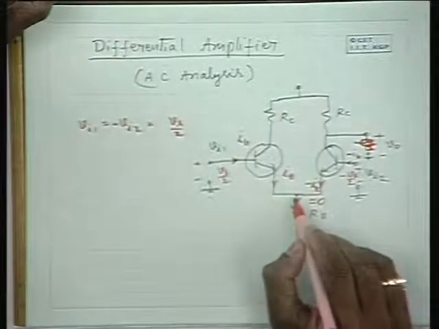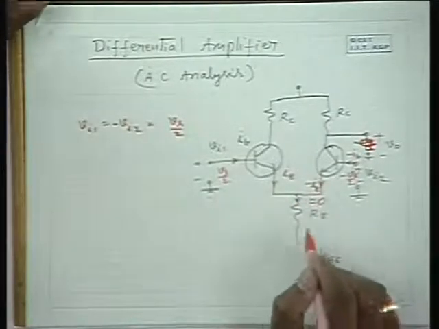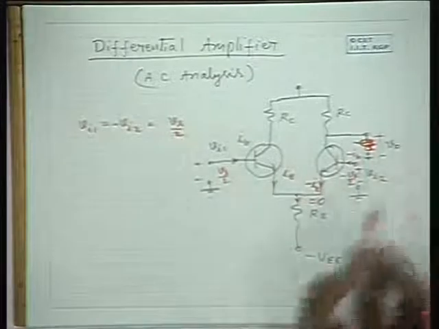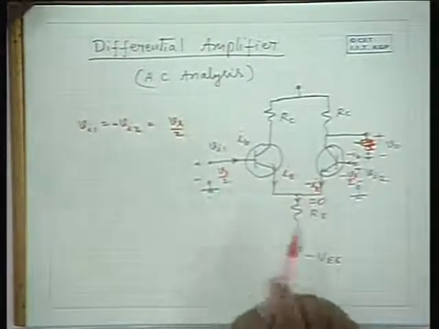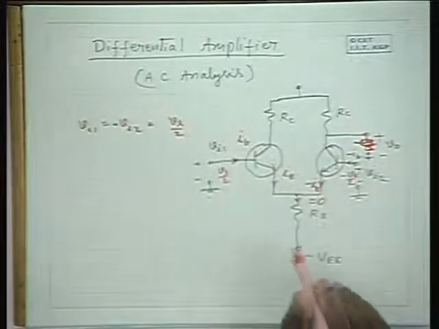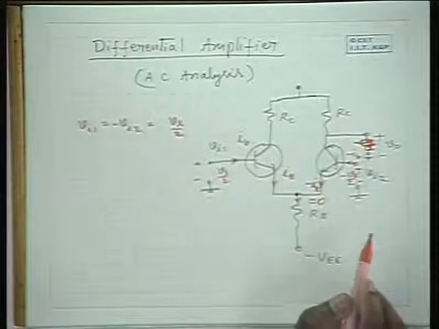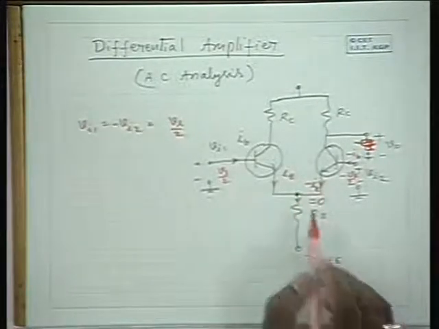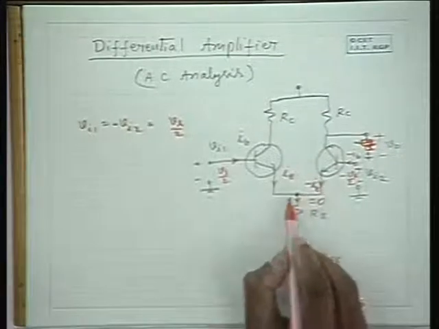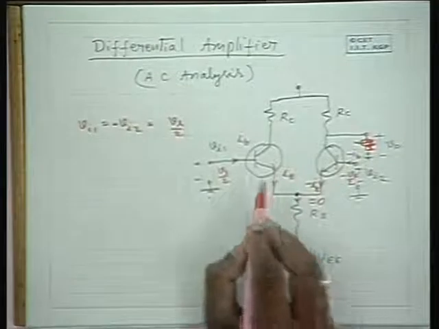Hence, the biasing current flowing through Re is what appears even after connecting the sources here. That means there is no change in the potential at this point, because there is no alternating component here. So this one appears at a fixed voltage.